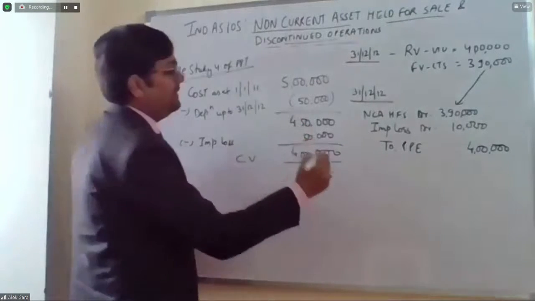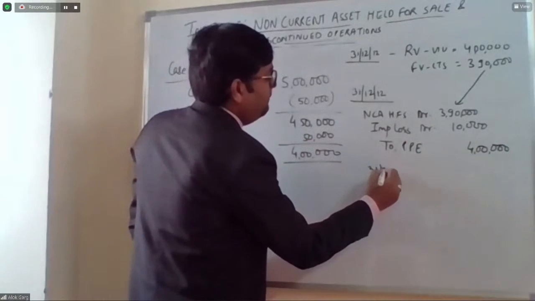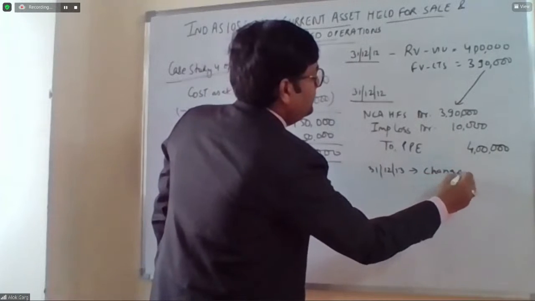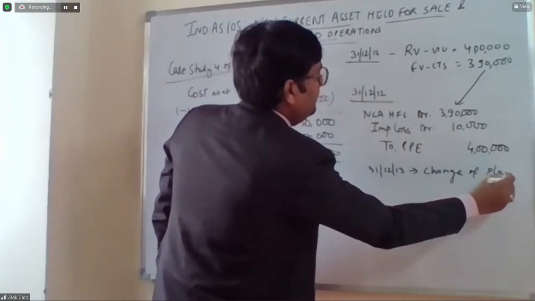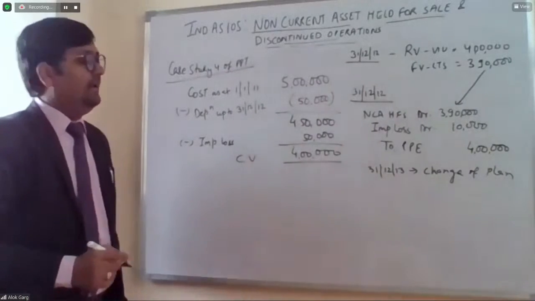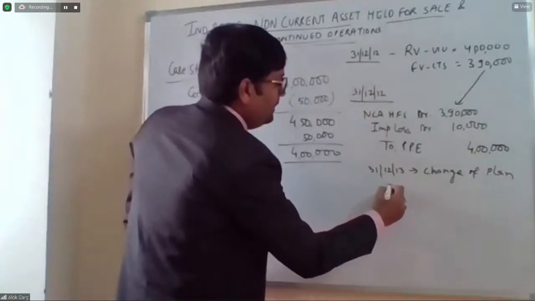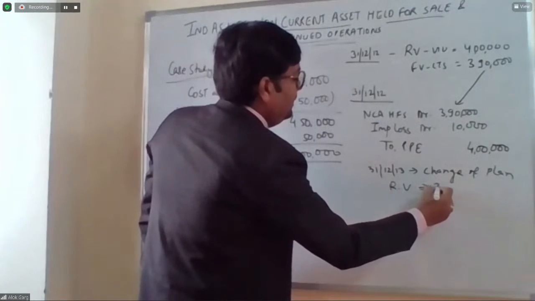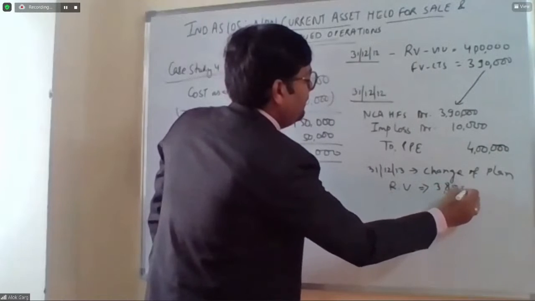On 31st December 13, there is a change in plan. Change of plan. Okay. And the recoverable value on the date of change of plan is 3,85,000.